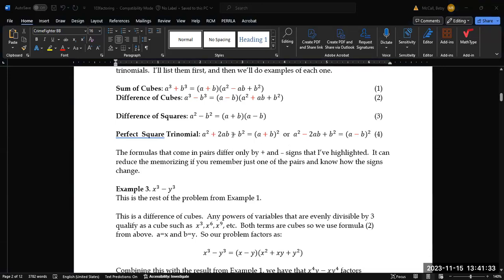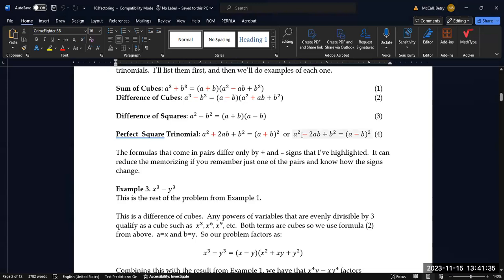And if you have basically the same thing, but with a minus sign, then that will factor as a minus b quantity squared. Now, we'll see some examples of figuring out whether our expression exactly fits this perfect square trinomial. But once you identify it, then the factoring is straightforward.